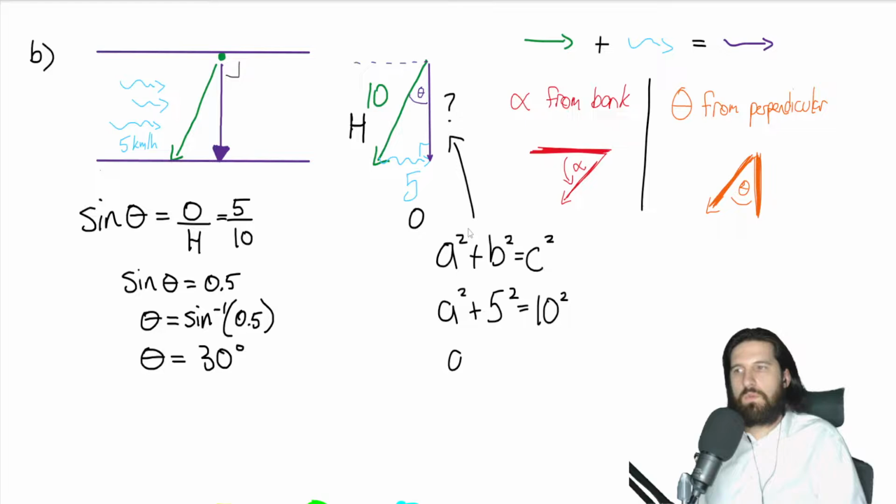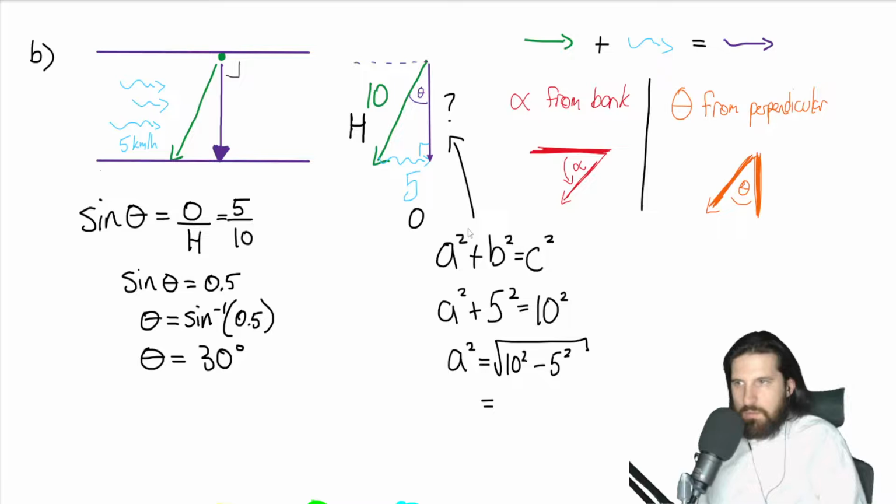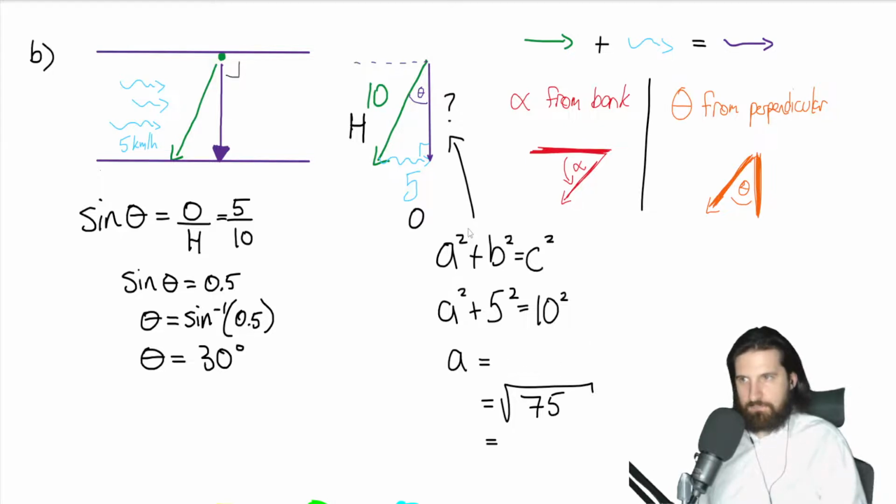So A squared is equal to 10 squared minus 5 squared. Oh, it's minus this time. Because A squared is 10 squared, which is 100, and 5 squared is 25, and it becomes a minus when we move it over to that side. And then we square root 75.